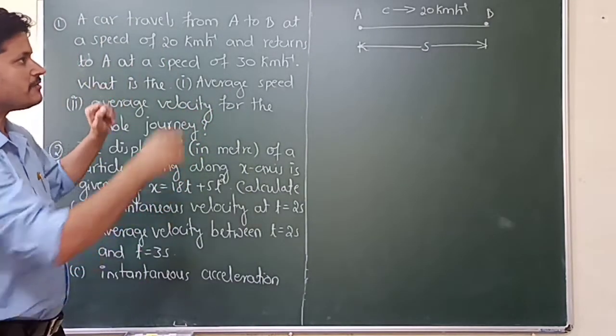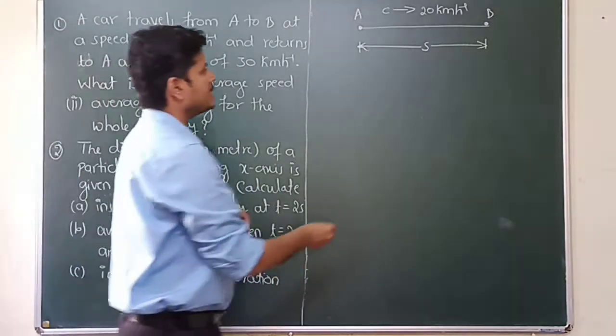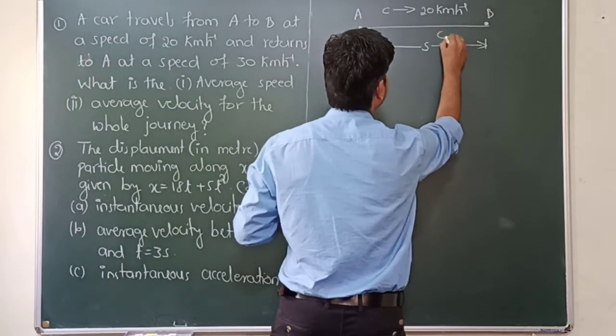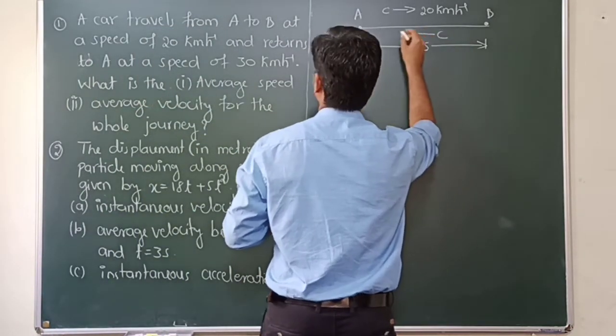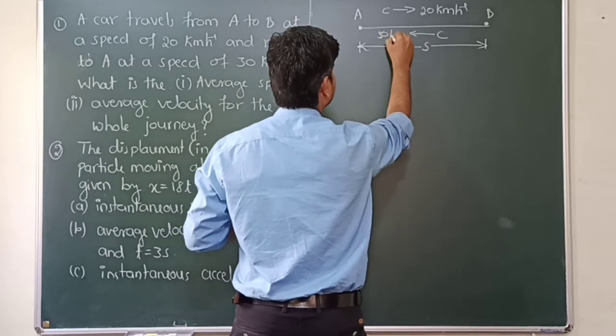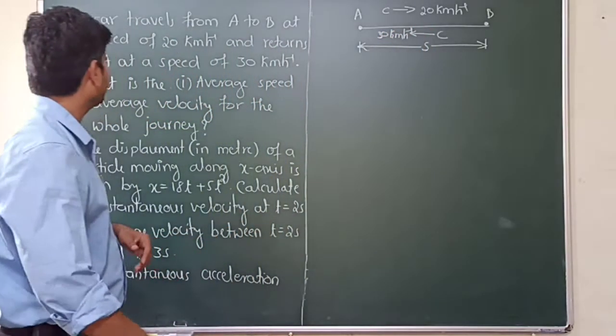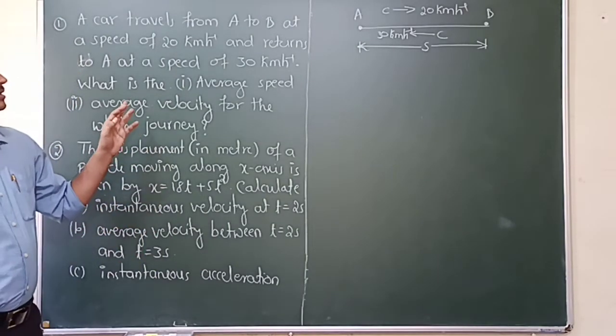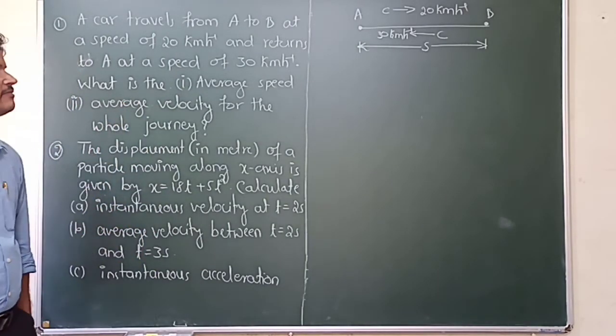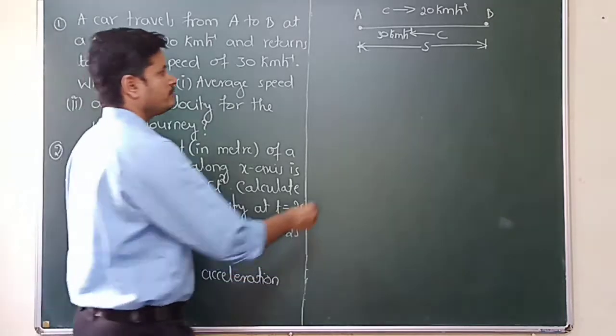When it is returning from B to A, the car's velocity is 30 km per hour. Correct. First, he asked to calculate the average speed.